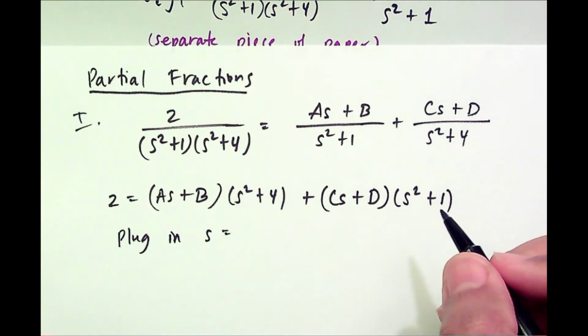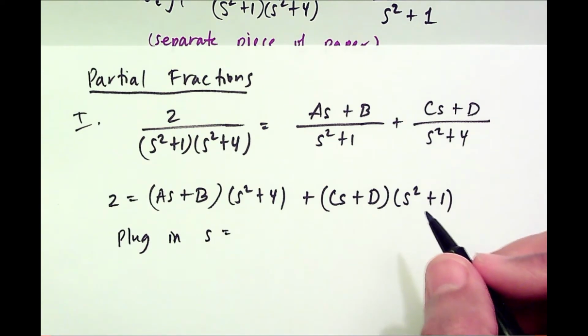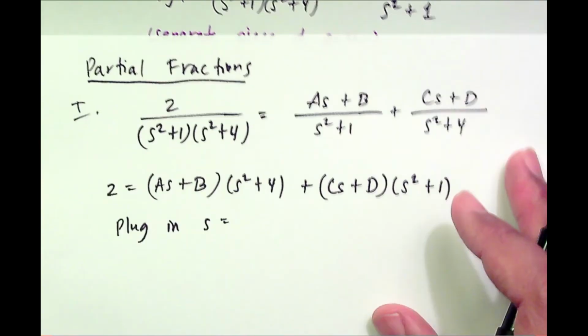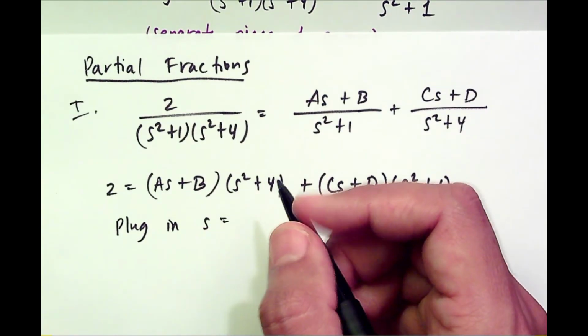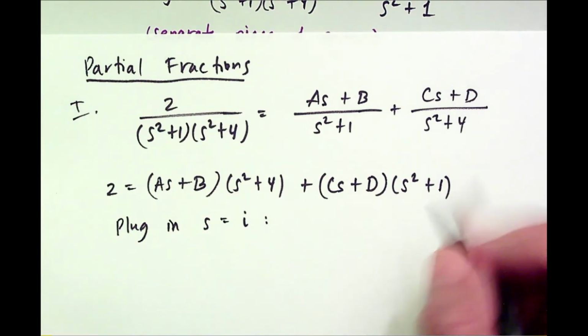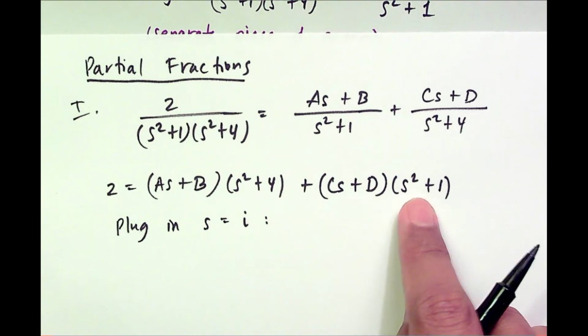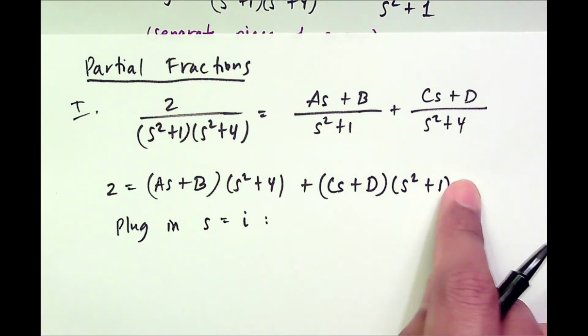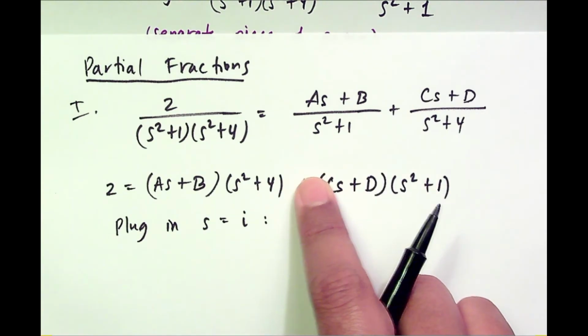Now you plug in something that is going to kill at least some of these. Let's see, we can plug in i. If you plug in, i squared is going to be negative 1. Negative 1 plus 1 is 0, so all of that is going to get cancelled.